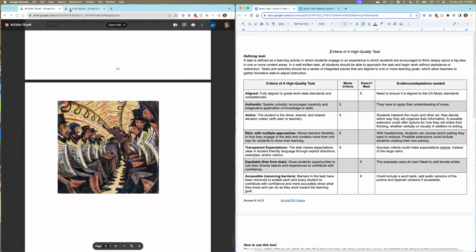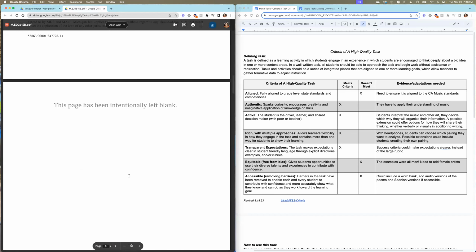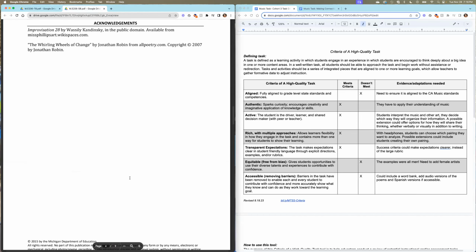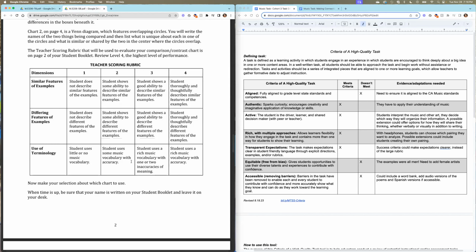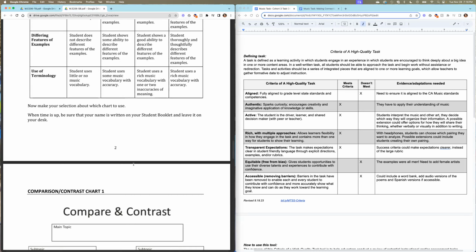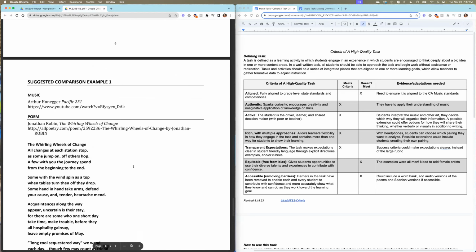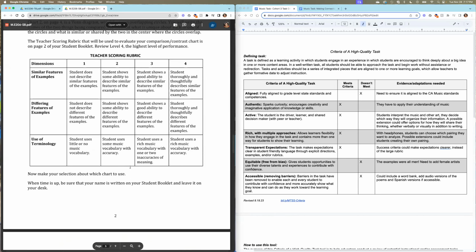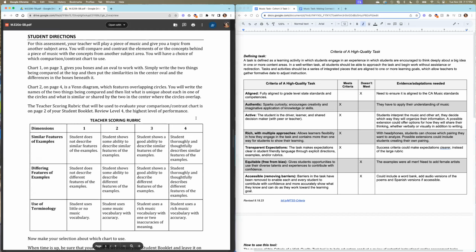Then I took a look at the student version of the task. Very similar, but obviously some of the items were taken out. They do have the scoring rubric, so they know what the expectations are. They have the two tools to choose from. They do have directions that talk about playing the music and then a topic from another subject area, so that they know they'll be asked to compare and contrast, and they should see those different items there.